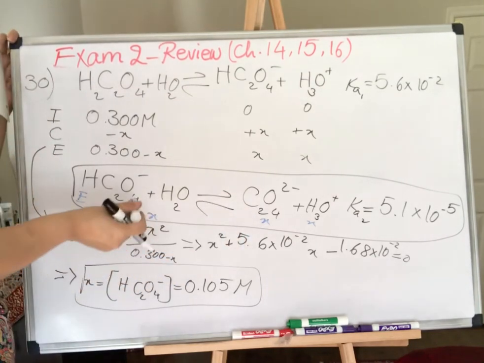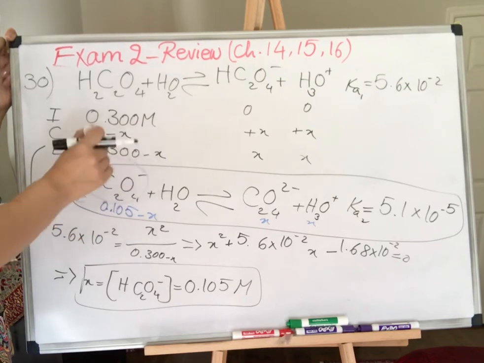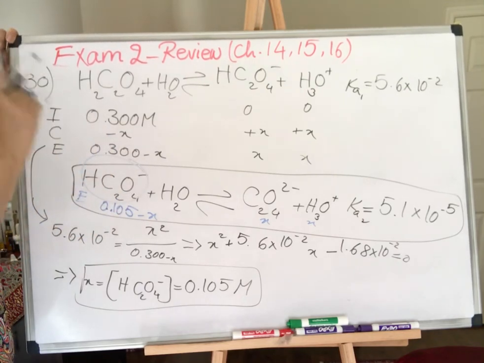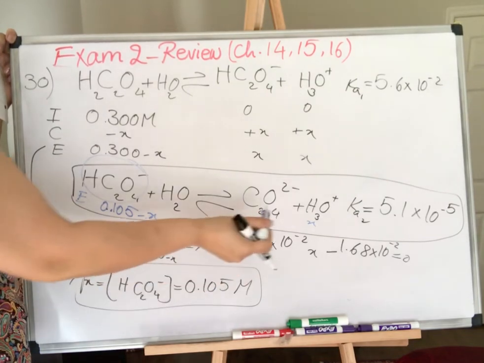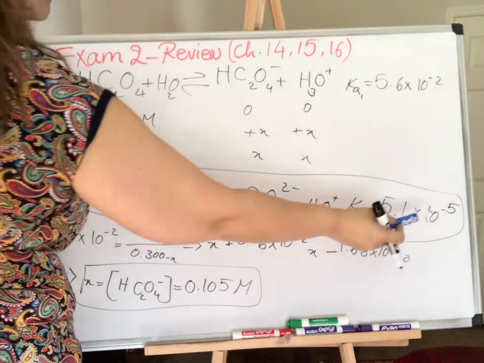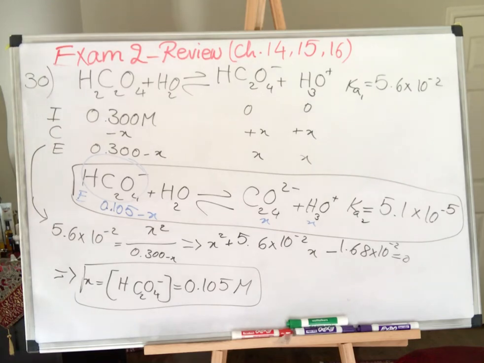You will end up having a very, very small amount for this compound, which you can ignore, it is negligible. So you basically end up having this again because Ka2 is very, very much smaller, more than 1,000 times smaller than Ka1. So that's why the correct answer for 30 is 0.105, which is B. 0.105 is B, 1 times 10 to negative 1.